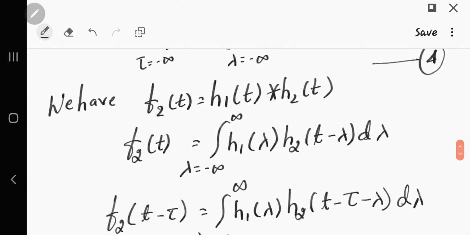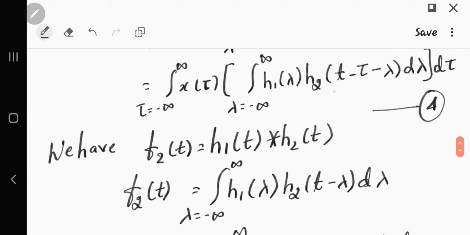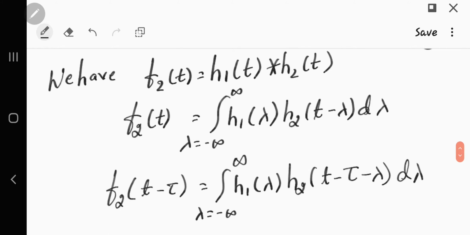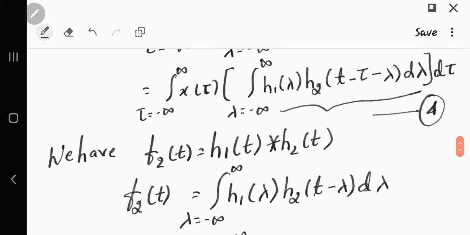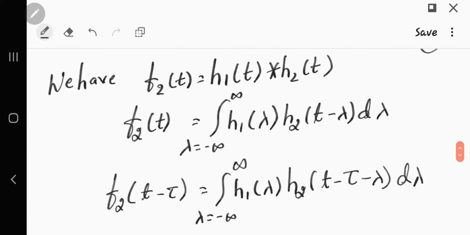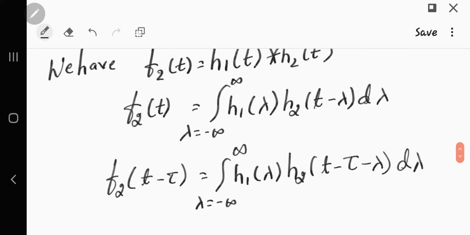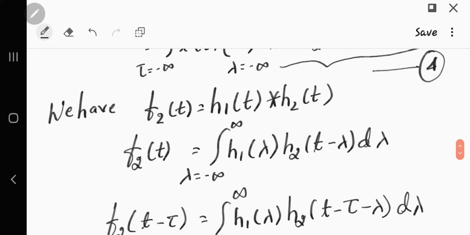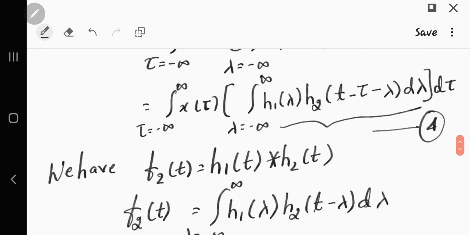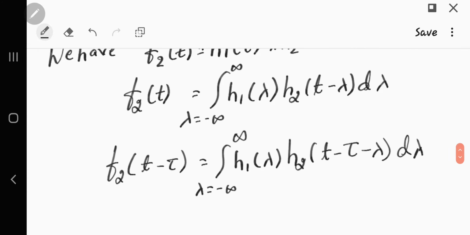Okay, now if you go to equation number 4, you can see this entire term. We have the same limit, lambda varying from minus infinity to plus infinity. We have h1 of lambda here, h2 of t minus tau minus lambda, same thing, and d lambda. So that means this entire term I can replace with f2 of t minus tau from whatever we assumed in the beginning.